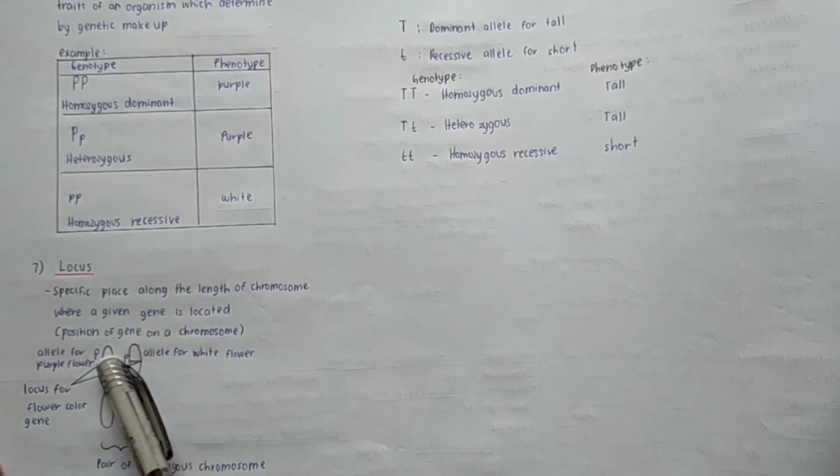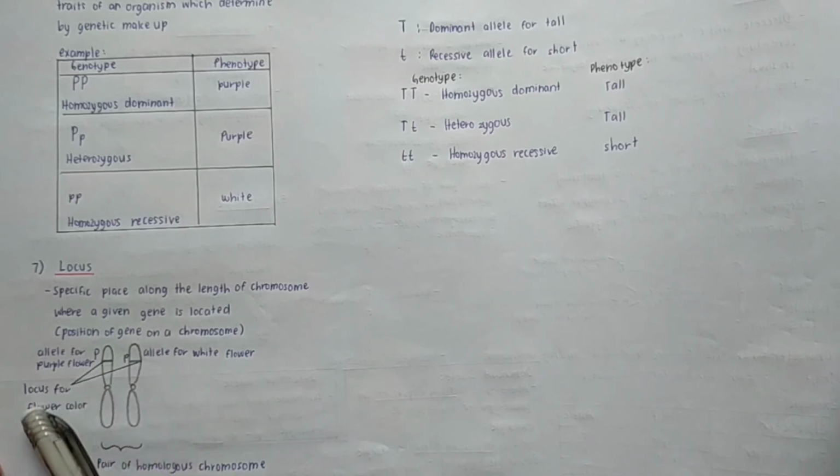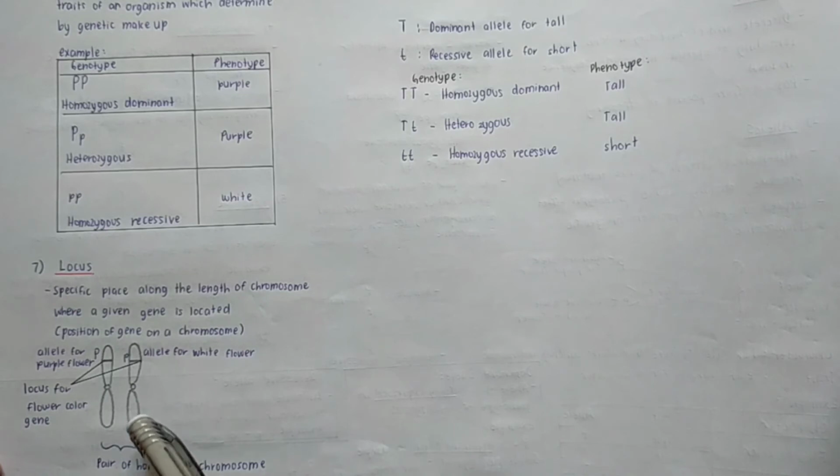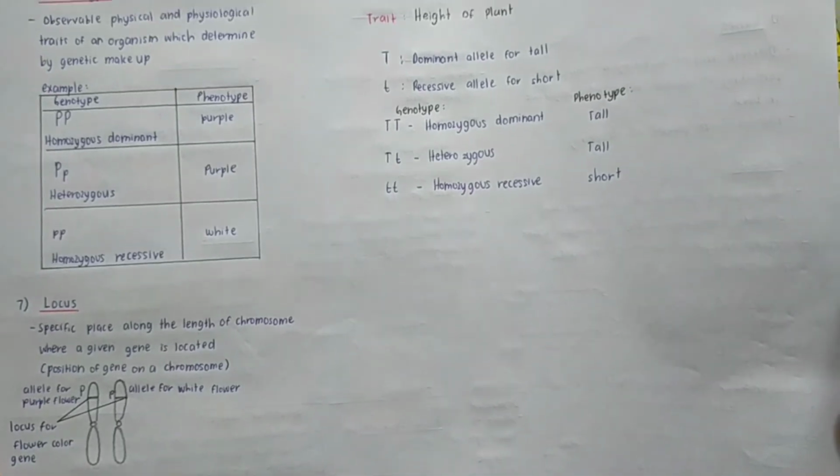So pada homologous chromosome ni dia akan ada locus. So for the example here, it refers to the locus for the flower color gene. Contohnya pada first chromosome here, dekat locusnya ada P besar, while dekat second chromosome here dia punya locus adalah P kecil. So genotype dia akan jadi P besar P kecil lah, means that it is heterozygous.